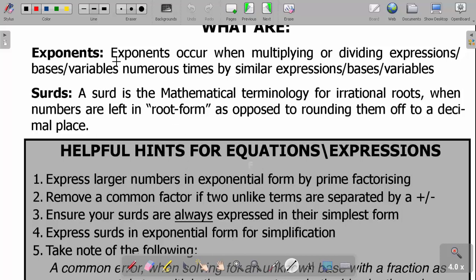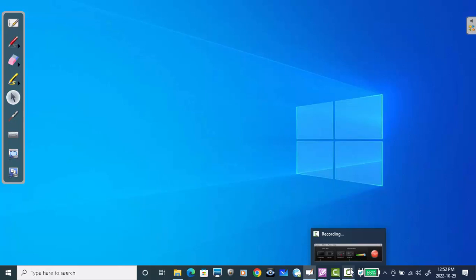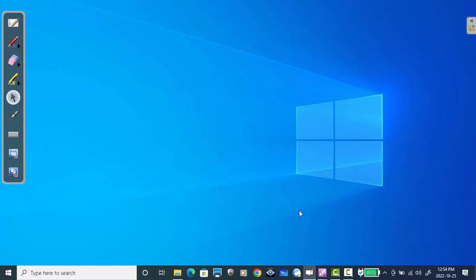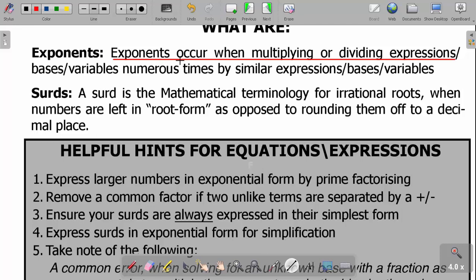We are saying that exponents occur when multiplying or dividing expressions, bases, variables, numerous times by similar expressions, bases, or variables.